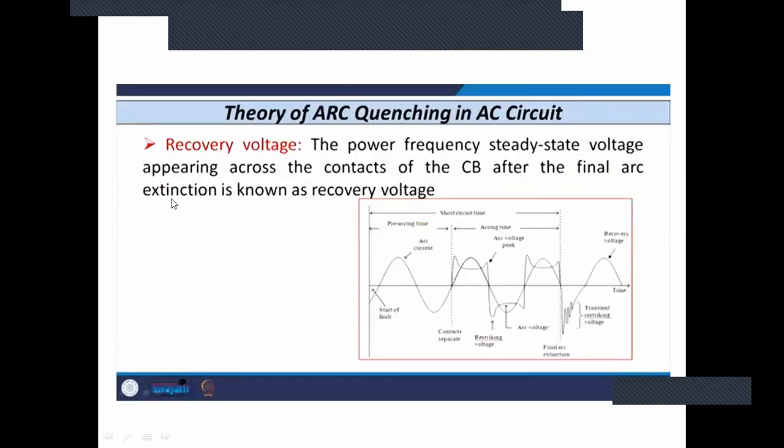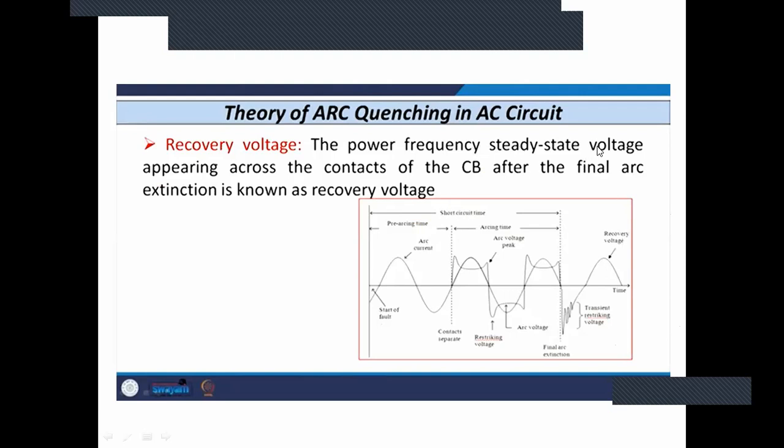The recovery voltage: the power frequency steady state voltage appearing across the contacts of the circuit breaker after the final arc extinction is known as the recovery voltage. So after the final arc quenching, once the voltage returns to its normal condition, this is called the recovery voltage.